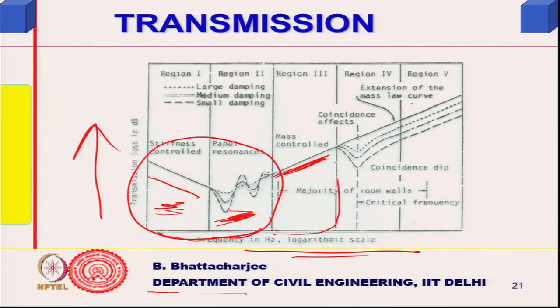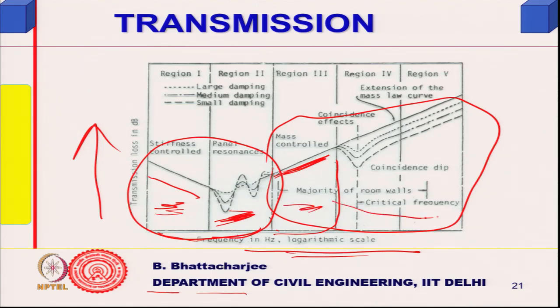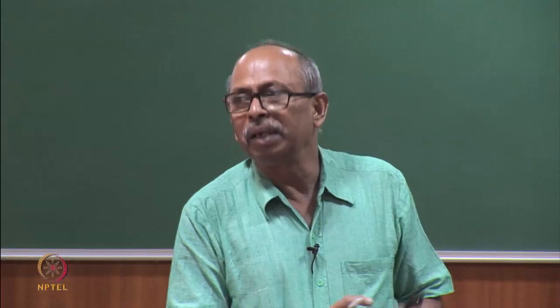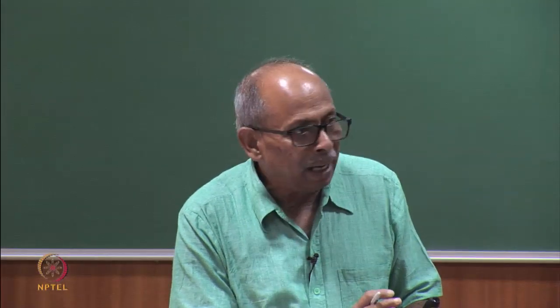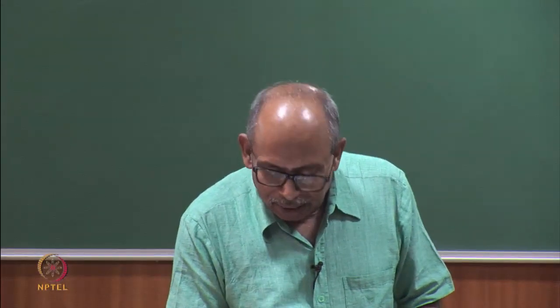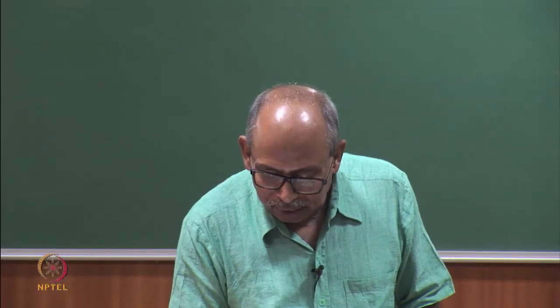This is not a zone of our interest actually. Acoustic frequencies are somewhere here, and the majority of room walls will be somewhere here, right. That is why we did not derive region 1 and region 2. This is called the stiffness control zone, which is related to vibration of the wall, but not of our interest, related to acoustic frequency.